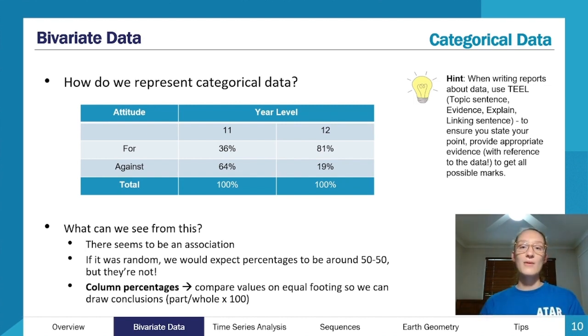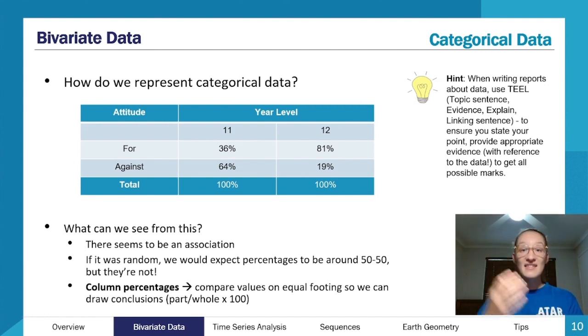The main takeaway from that is you need to make sure you're stating your point really clearly. You're not just restating numbers from the table. You're not just saying 36% of year 11 students. That's actually not drawing a conclusion. You actually want to draw that information out further. You want to make a point that's explicitly responding to whatever the question is asking you.